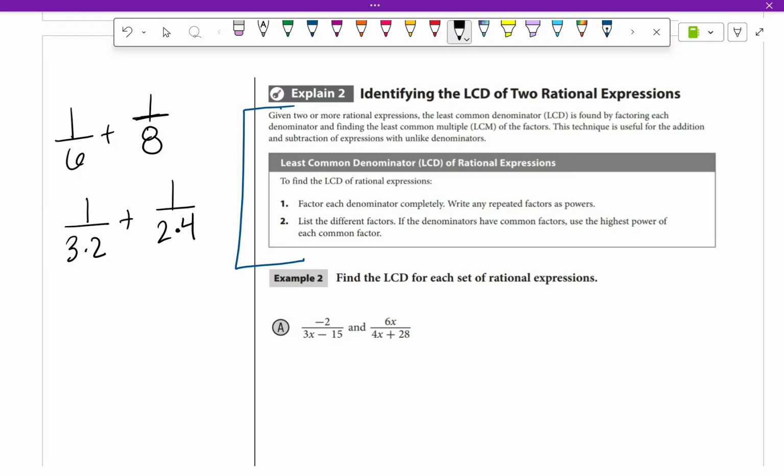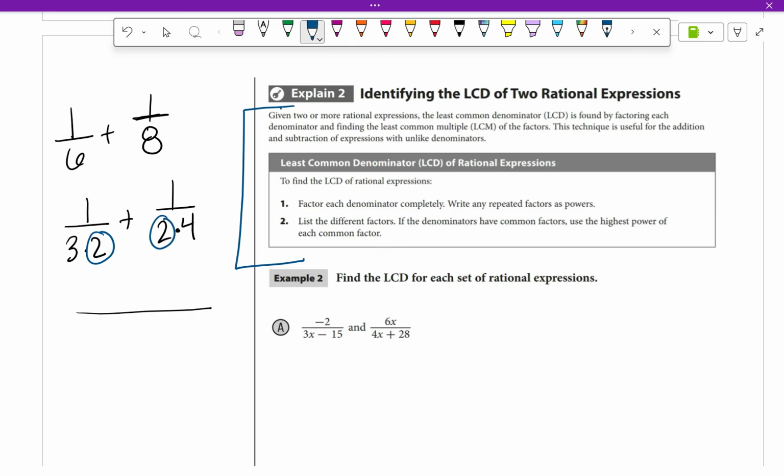So I am going to create the least common denominator. And you want the least common denominator because then there's less canceling, sometimes less reducing in the end. So in blue, I want you to circle what matches in the denominators. What am I going to circle that's in both denominators? 2.